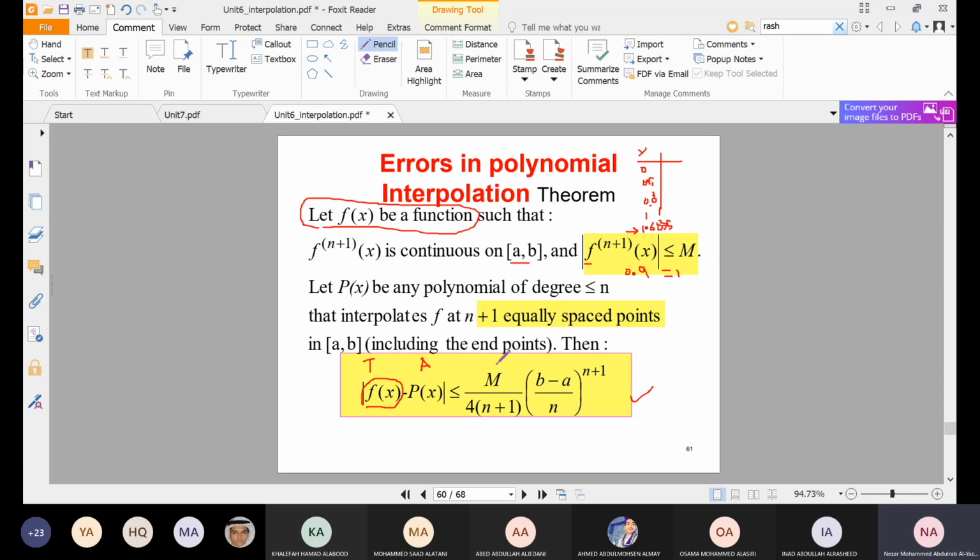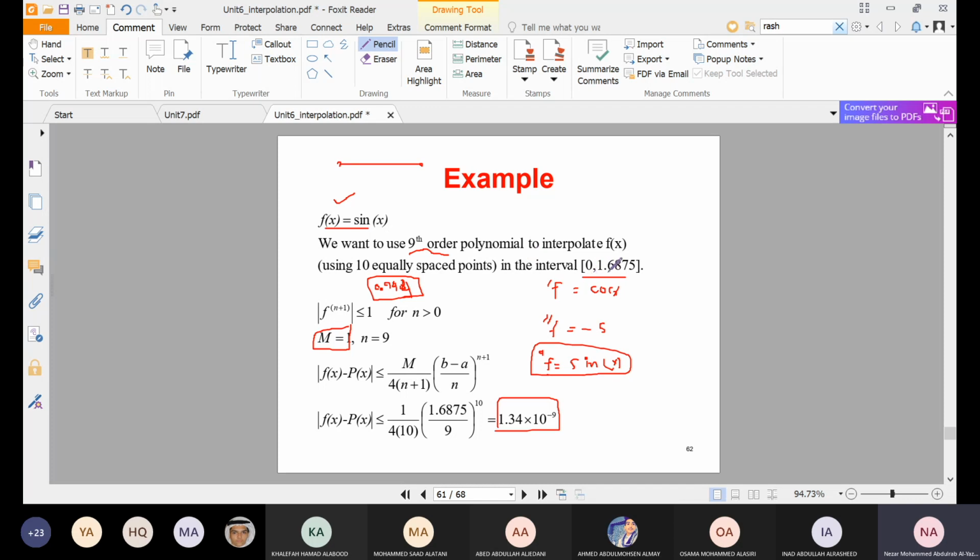The value of m is the maximum value. When I take the n plus 1 derivative, after that I will substitute instead of x by values in this interval. What's the interval that I have? Here I have the interval from 0 to 1.6875. I will take points by points, I will substitute in this interval.